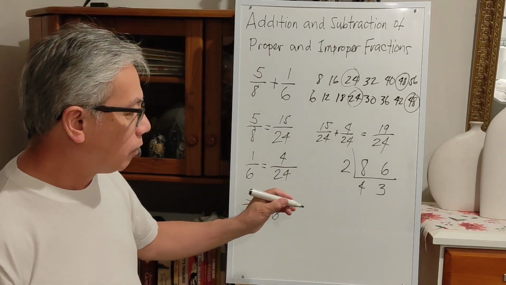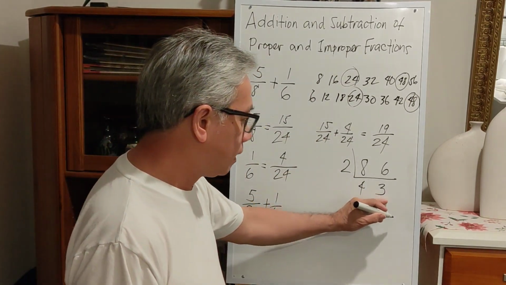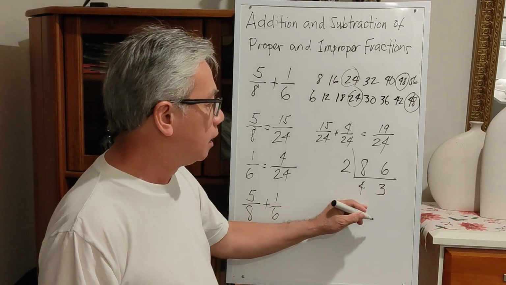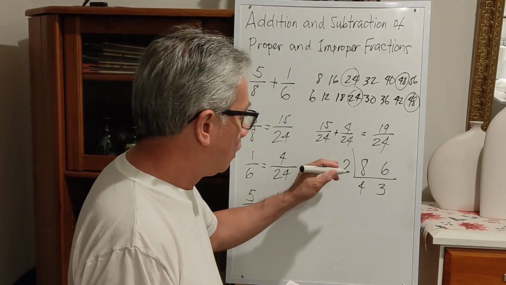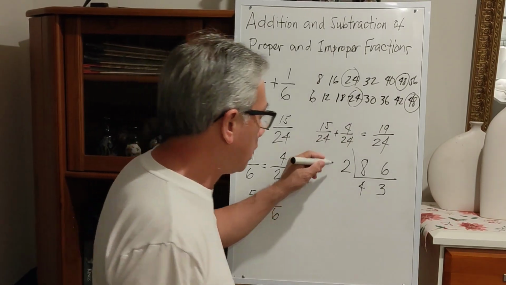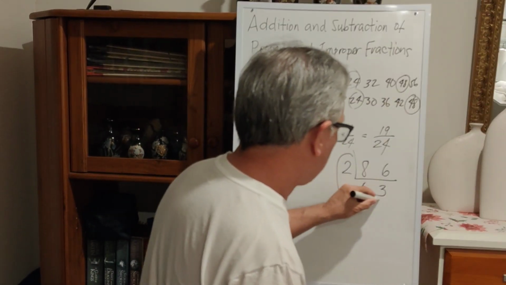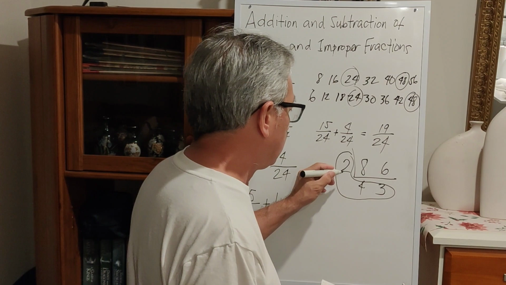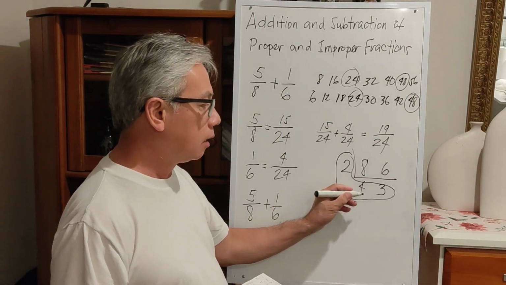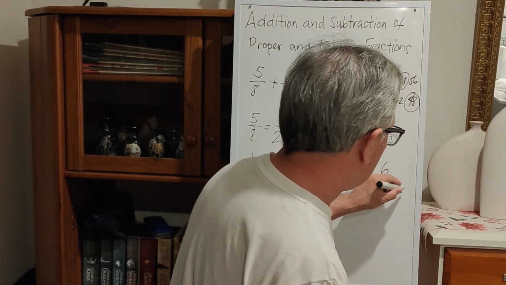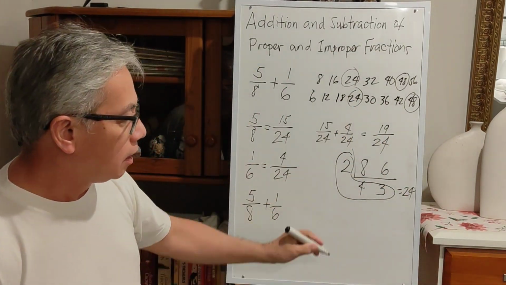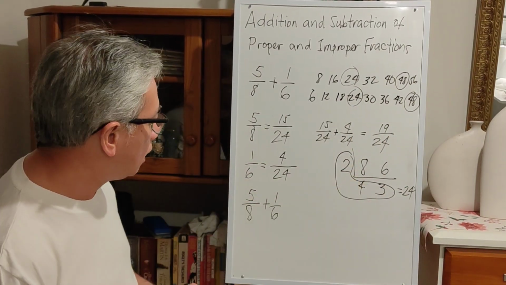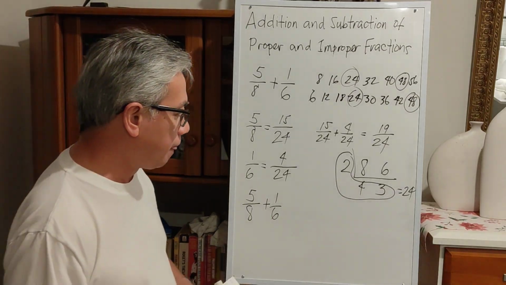Now there's no more number that can divide both 3 and 4. Now we combine all the numbers outside the line. We multiply all of these: 2 times 4 is 8, times 3 is 24, which is the same as the number that we got earlier. So this is a shortcut for getting the least common denominator.